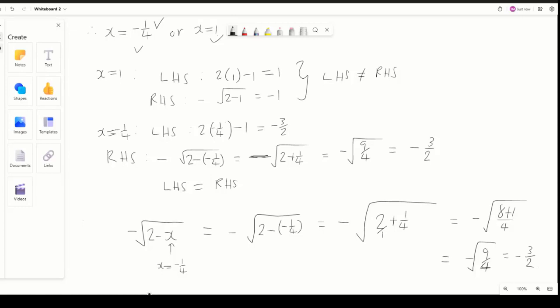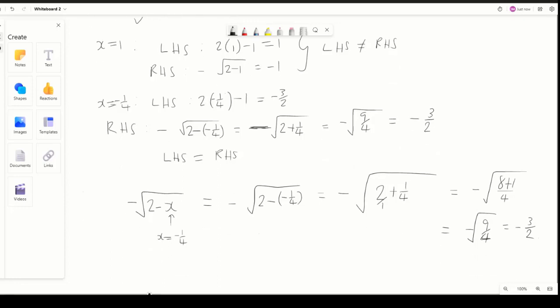Yes, sir. Okay, great. How do you remove the negative that is up there? What about the negative? Are you talking about here? The negative that is on the right-hand side? Oh, this negative.